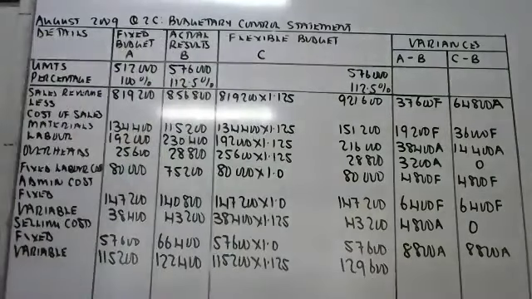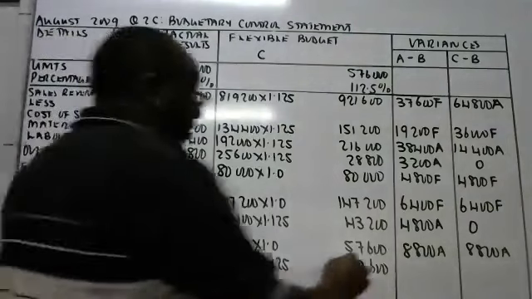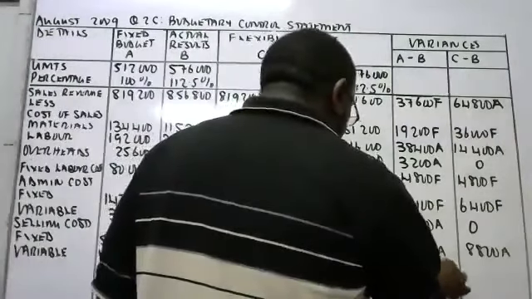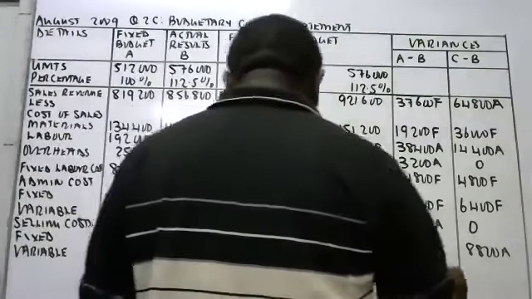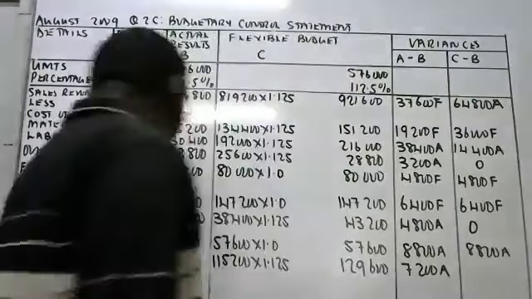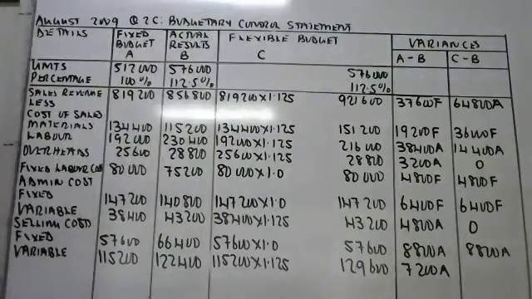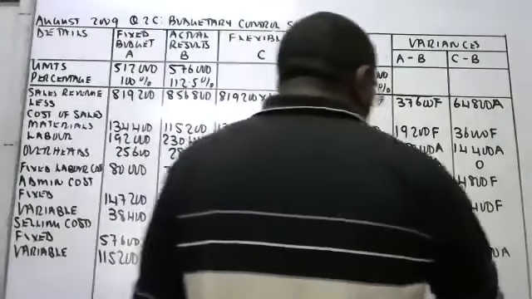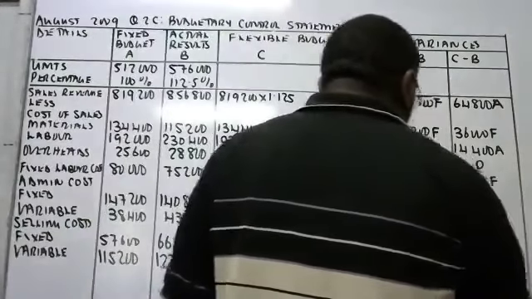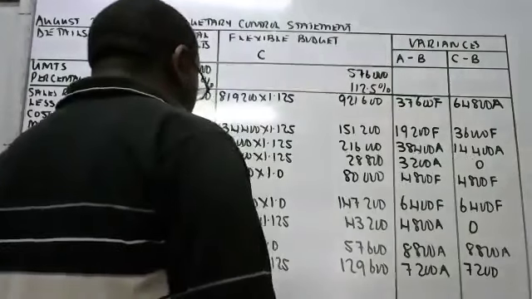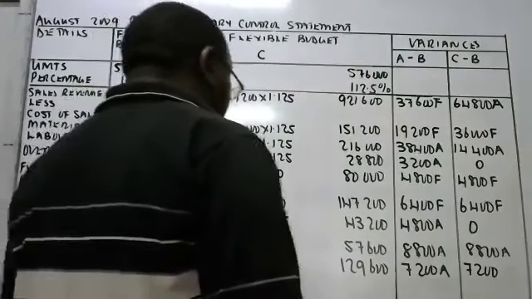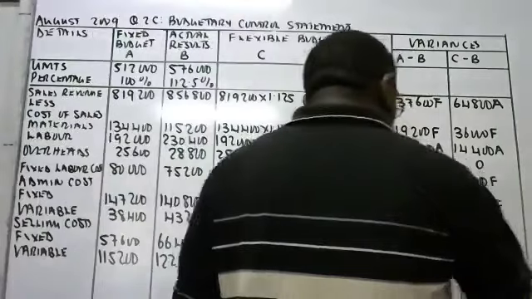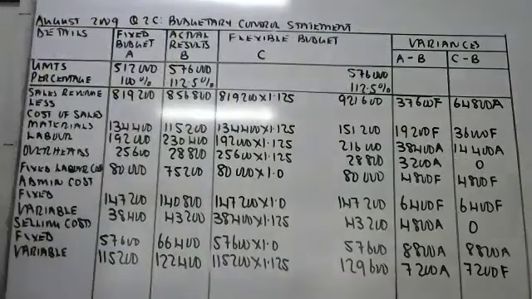So the variance is 7,200. Adverse, we spent more. Then the other one is the same figure, 7,200, and it is favorable.